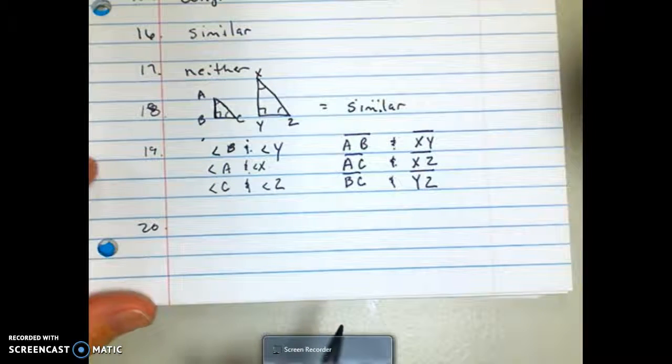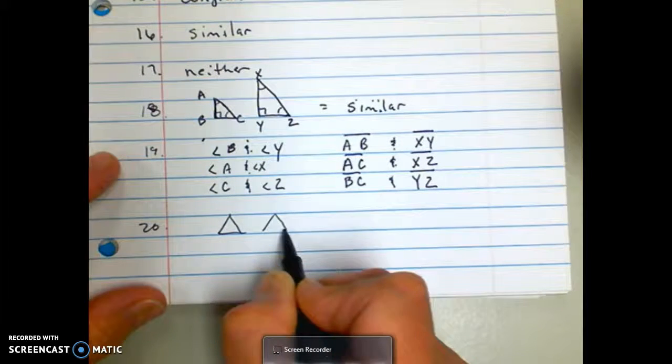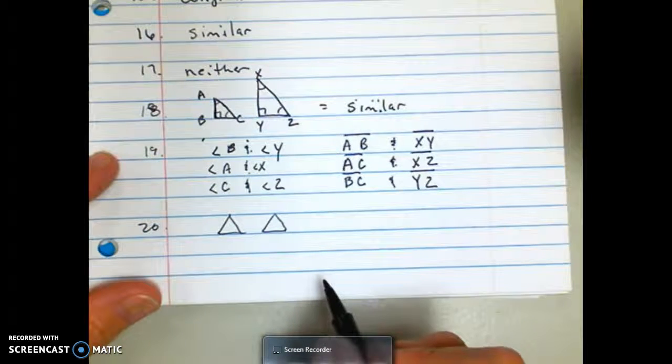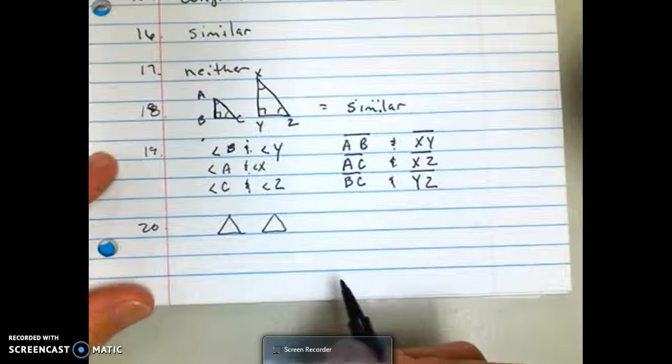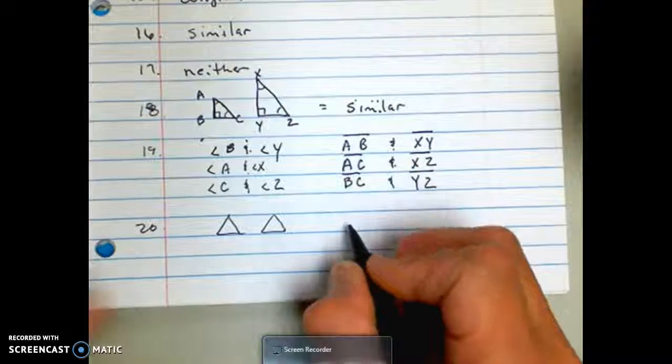The question is, if two figures are congruent, are they also similar? So if I have two shapes that are congruent, same size, same shape, are they also similar? Yes, technically, yes they are.